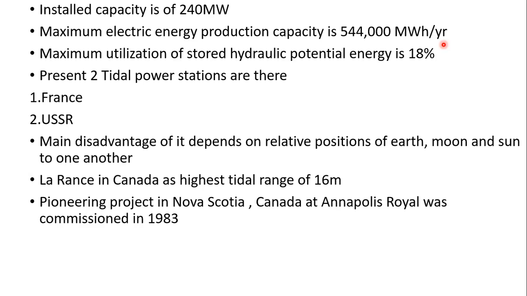The length of the dam is not too long, only 750 meters shore to shore, and the depth is not more than 12 meters below the mean sea level. The Russian one is Kislaya Guba on the Barents Sea, 70 kilometers north of Murmansk.